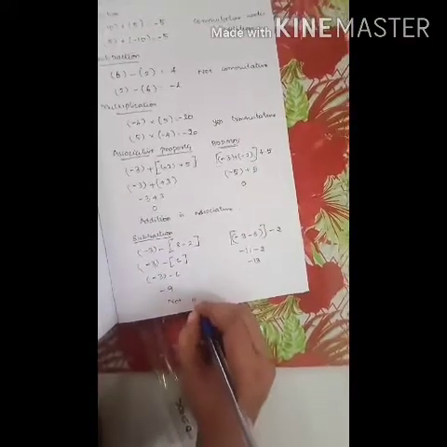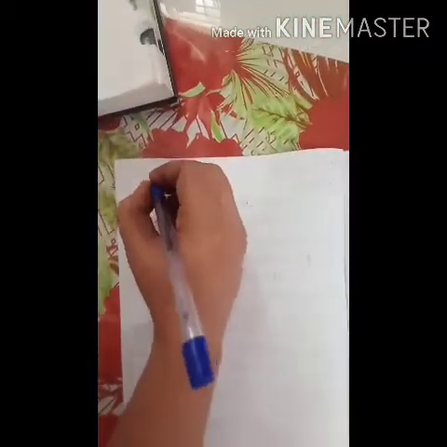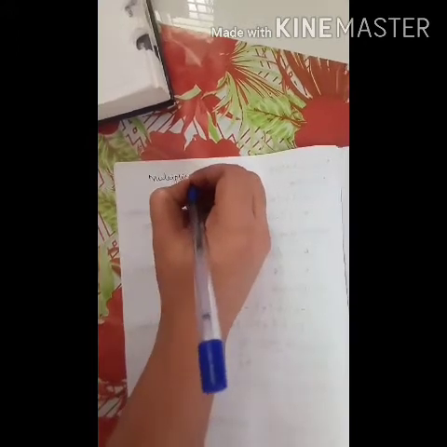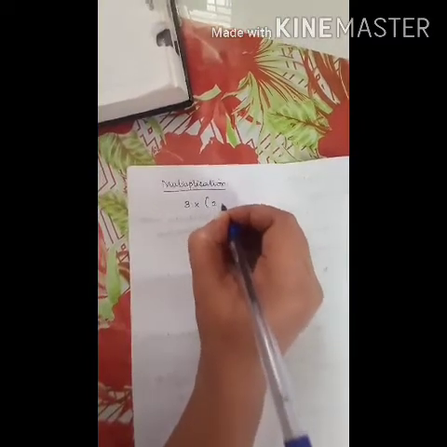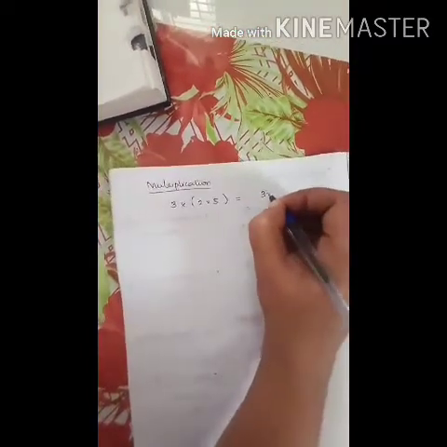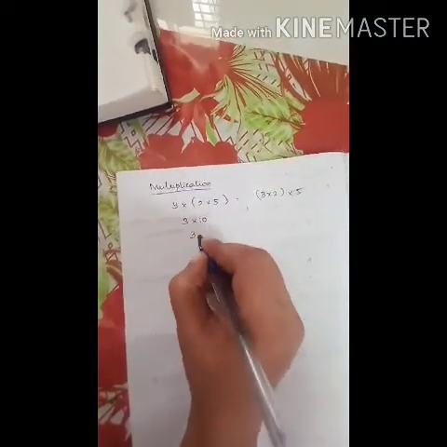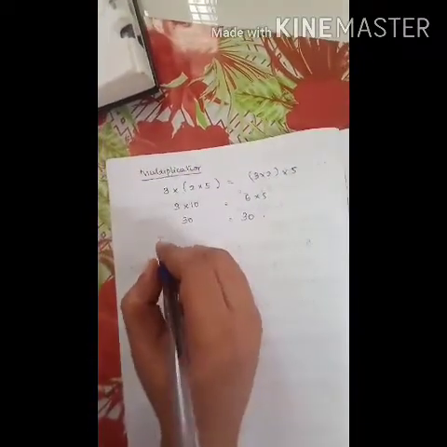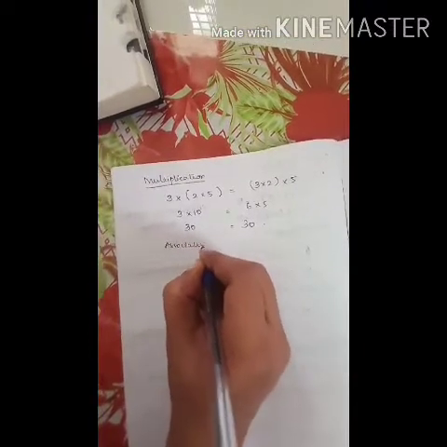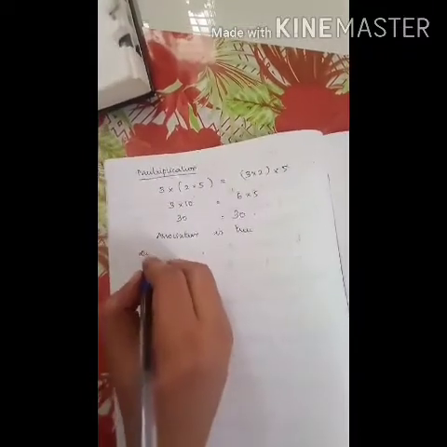So it is not associative under subtraction. And next is multiplication. In the same way, 3 into 2 into 5 equals 3 into 2 into 5. So 2 fives are 10, 3 tens are 30. That is equal to 3 twos are 6, into 5, that is also 30. So associativity is true under multiplication.